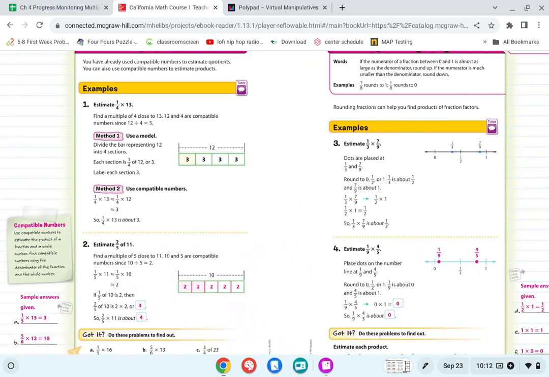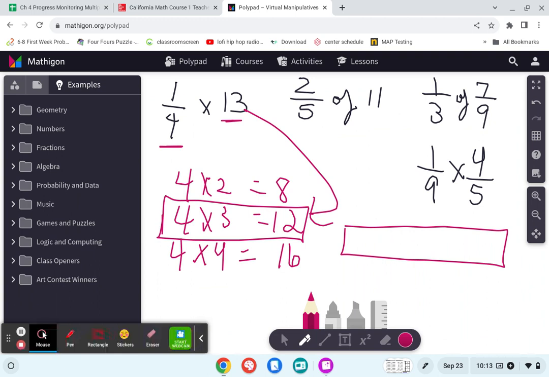If I look here, it shows me that I could find 4 groups, but there would be 3 in each group. So let's go back here. This is going to be 12, 1, 2, 3, and 4. And in each of those groups, there will be 3.